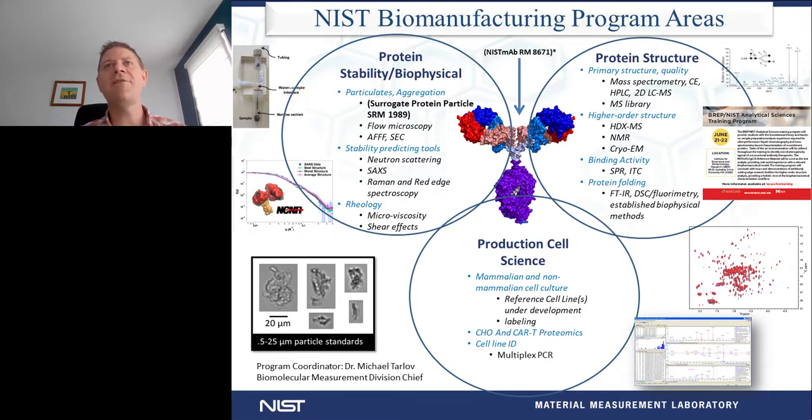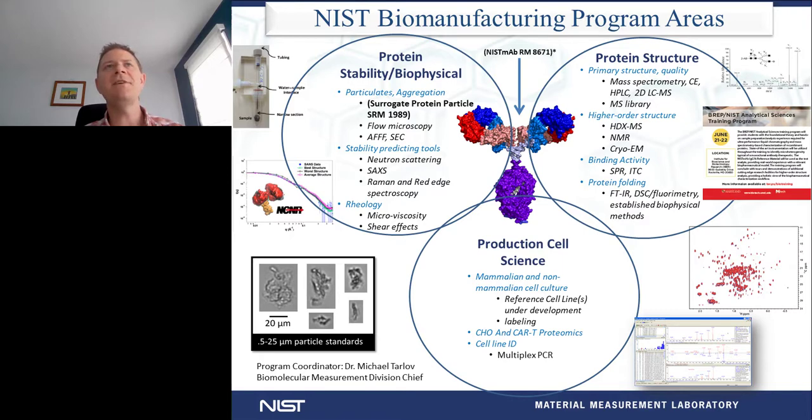Within NIST, we also have a very excellent program in higher order structure, ranging from nuclear magnetic resonance, HDX-based mass spectrometry, and recently we've added electron microscopy capabilities. So we really do have an emerging infrastructure for higher order structure. And of course, looking at things like biological activity through surface plasmon resonance, secondary and tertiary structure measurements as well.